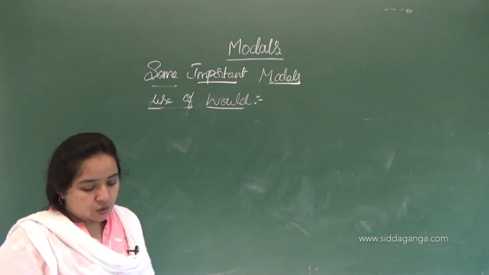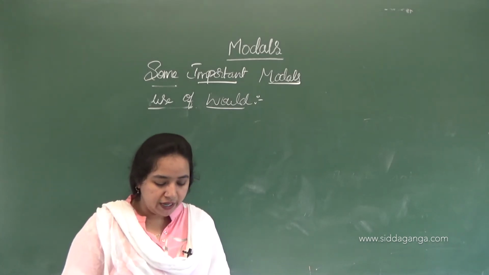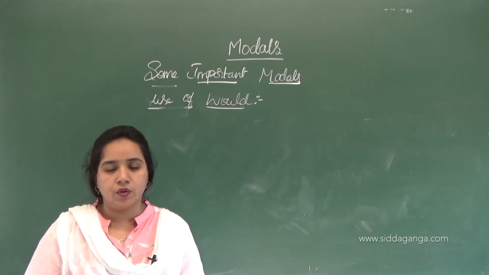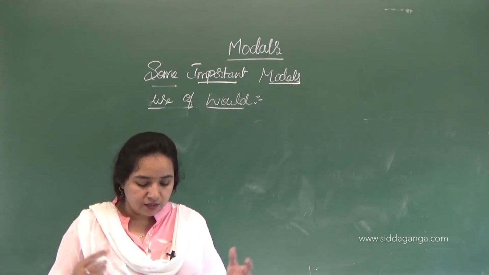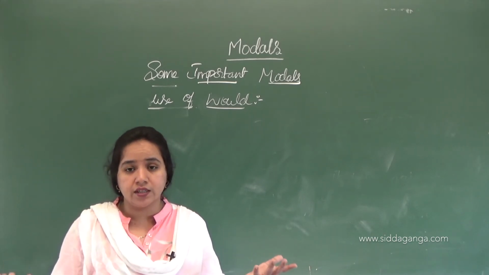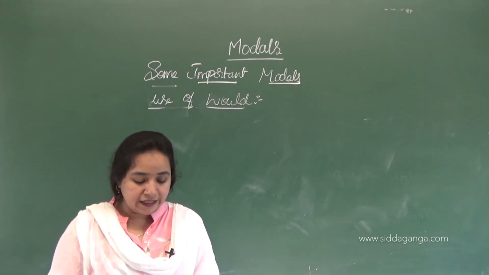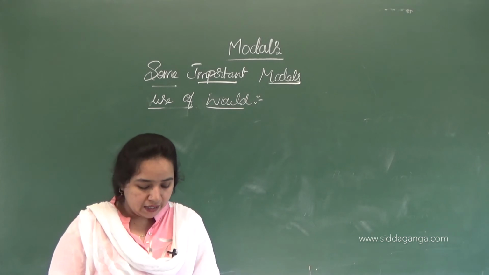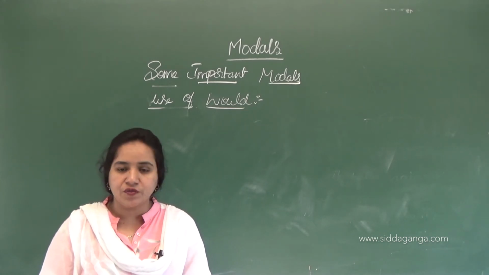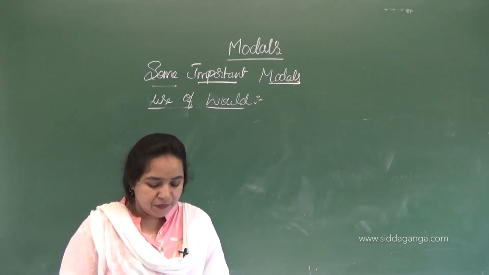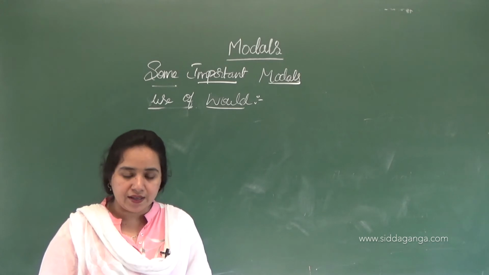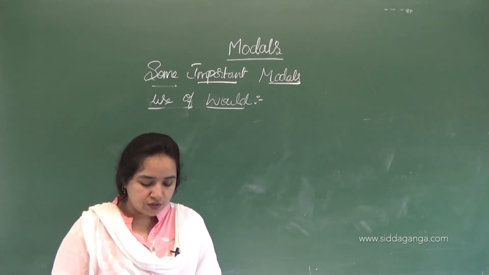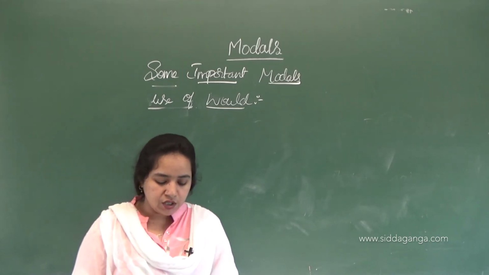Use of would. Would modal is usually used to create a conditional verb form. Okay, so why do we use this verb, would, in the sentence? Because to create a conditional verb form, and it also serves as a past form of the modal verb will. Would is also used to indicate the past habit, for which we also use simple past tense and used to.